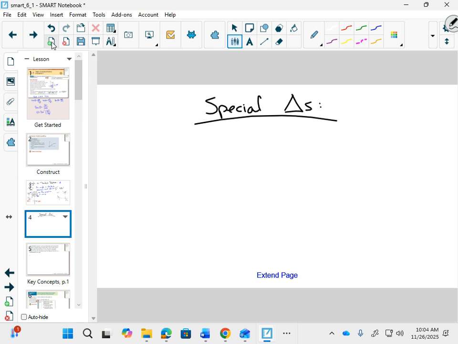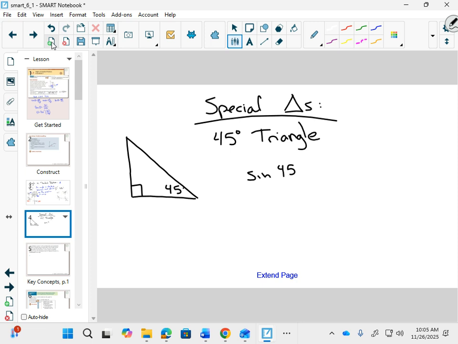And here is our first special triangle: the 45-degree triangle. If I make a right angle triangle so I can use SOHCAHTOA, and make that side 45 degrees, I'm telling you that you can do each of these without your calculator.